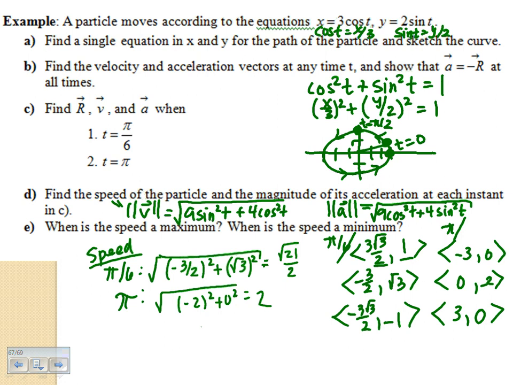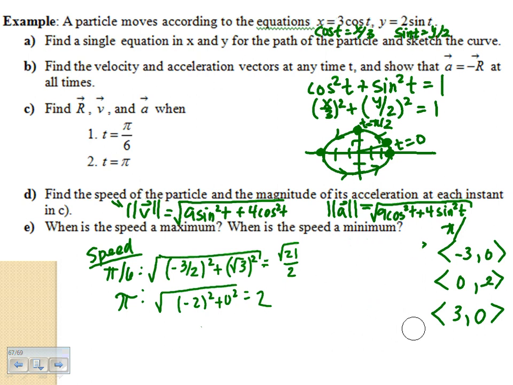Yeah, so that's definitely bigger than 16, right? So it's going to be bigger than 2. Agreed? So at pi over 6 we are moving faster than when we are at pi. Okay. So let's find the magnitude of its acceleration at those.